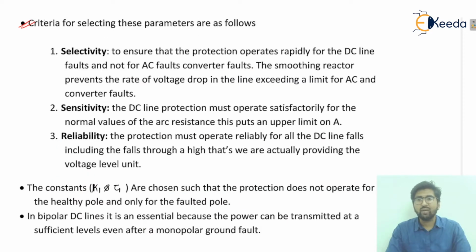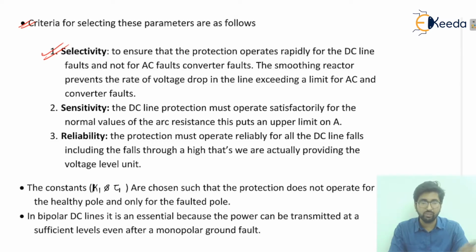Now, the criteria for selecting these parameters, K1, K2 and tau. Three important criteria should be there. The first is selectivity, to ensure that the protection operates rapidly for the DC line faults, not for the AC faults or converter faults.